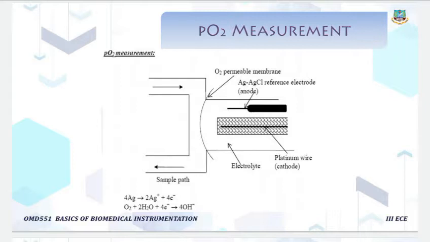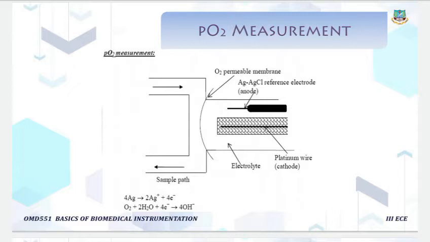So in this partial pressure of oxygen measurement, we are using both an anode and a cathode.